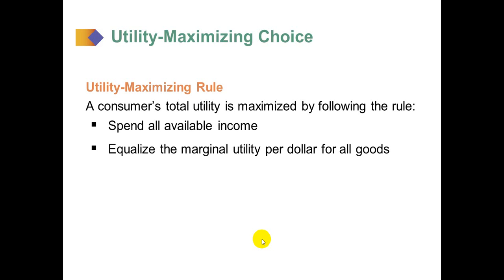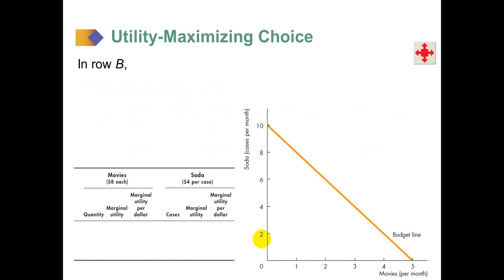Spend all available income and equalize the marginal utility per dollar for all goods. Equalize the marginal utility per dollar for all goods. So these are the 2 conditions which maximize utility for the consumer.